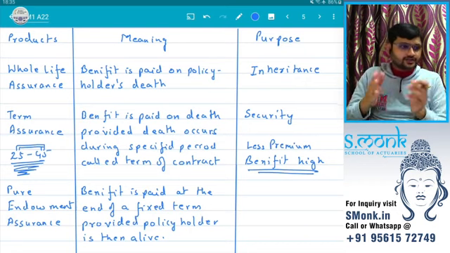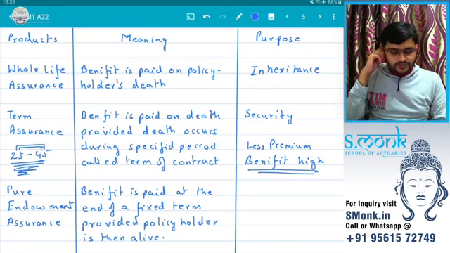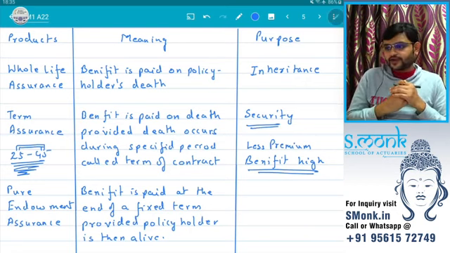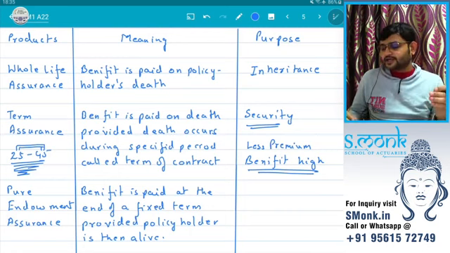So of course that does not happen in terms of term assurance, but it is the security that is being provided, because there is an uncertainty.